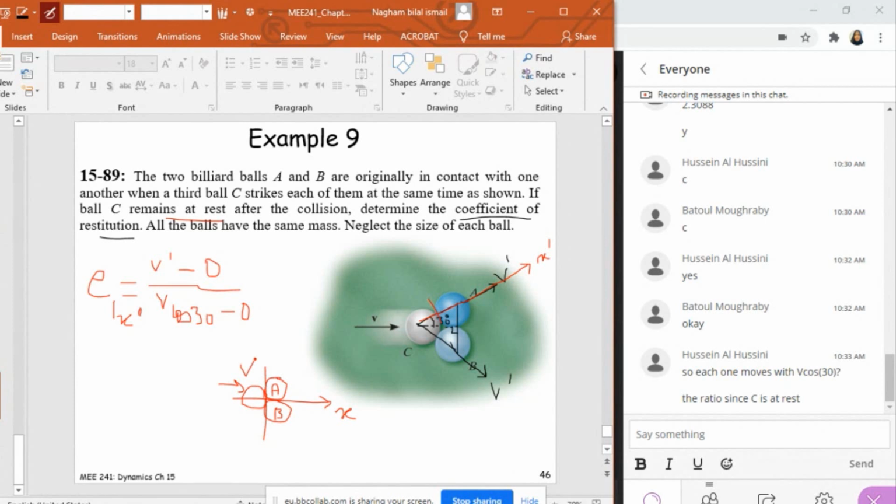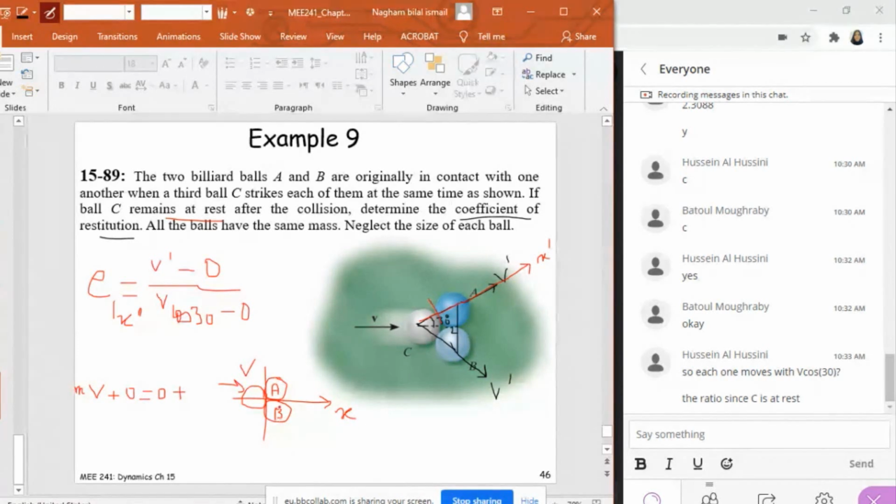And in this case, I can apply the conservation of linear momentum, which states that M, they all having the same mass, V, right, plus 0 is equal to 0 plus the velocity of this system of particles.